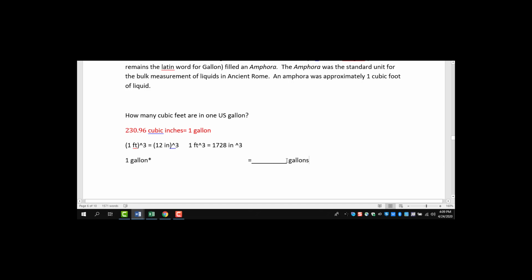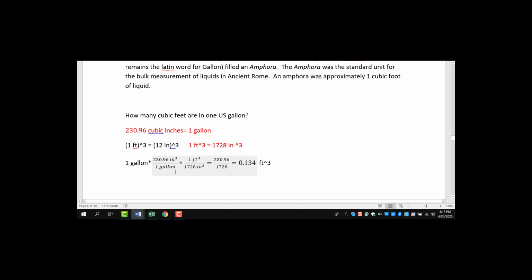Now, 1 gallon, I'm going to go to cubic feet. So think about my conversions. I have 2 conversions now, both of them showing up there in red. Hit pause, give it some thought.